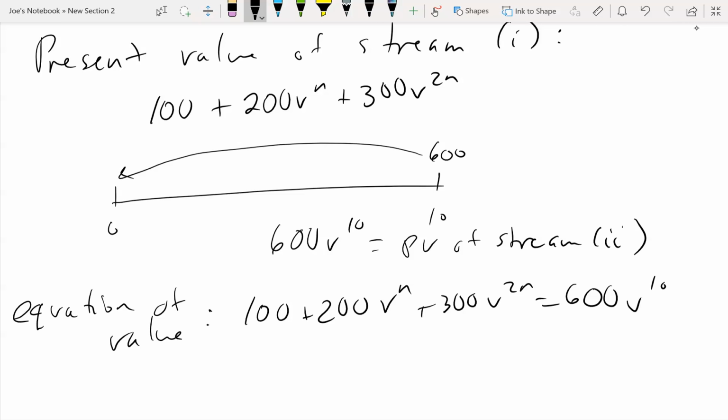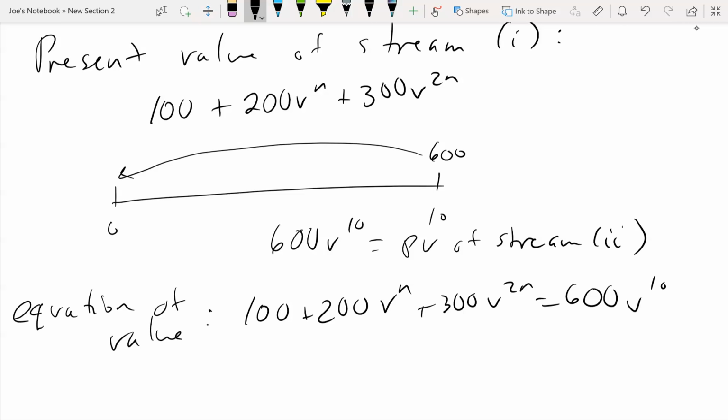Now your equation of value in this case was set for the present values. It's possible that you might set the accumulated values equal to each other. You might set some value in the middle equal to each other, because it has to be equal at time 5. You're going to make the equation based on the problem saying it's equal at some time. That's all equation of value. I'm only mentioning it because of what the book says it's called.